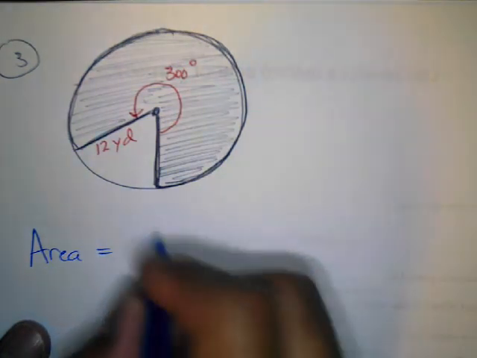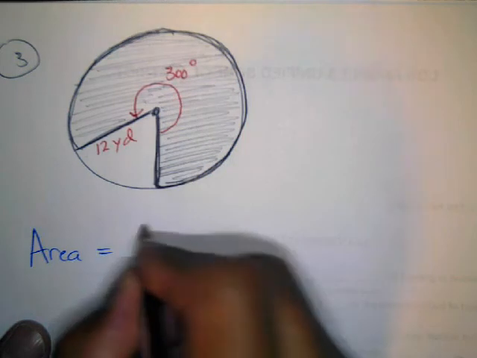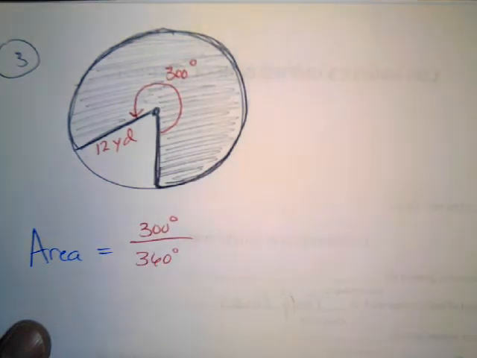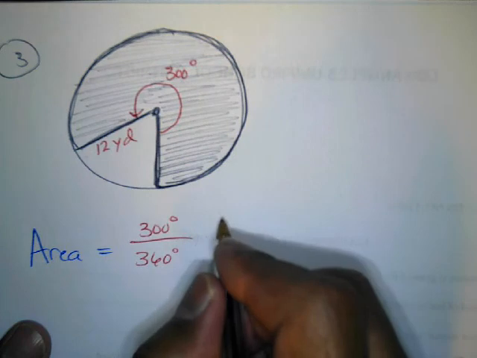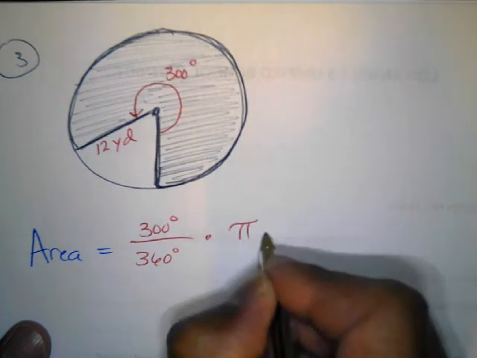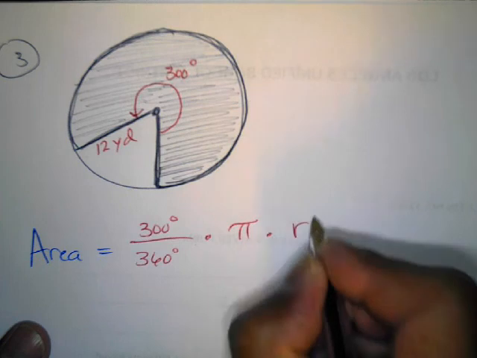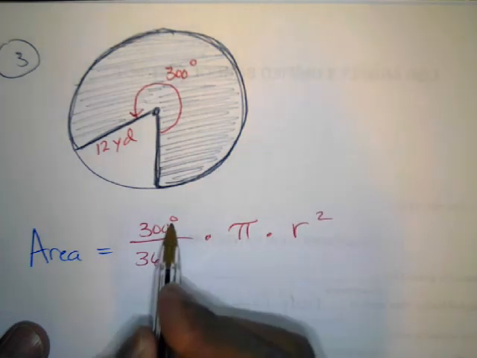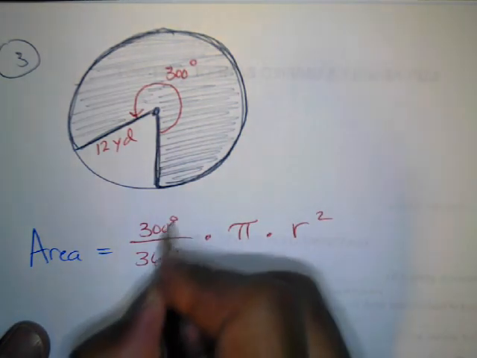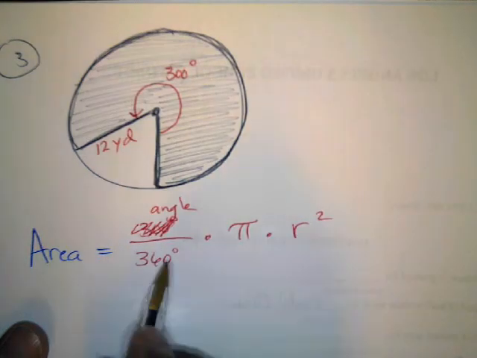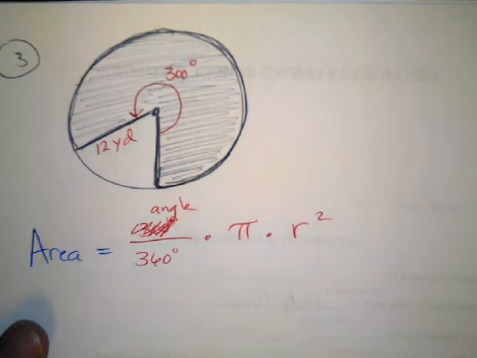All right, so what is the area of a sector? The area of a sector is the degree, which is the 300 divided by 360 times pi times the radius squared. Right, that's the angle. I forgot. I should have put the formula first, right?